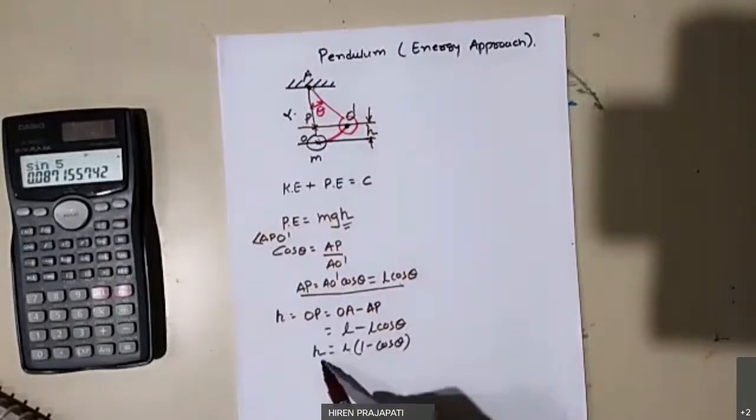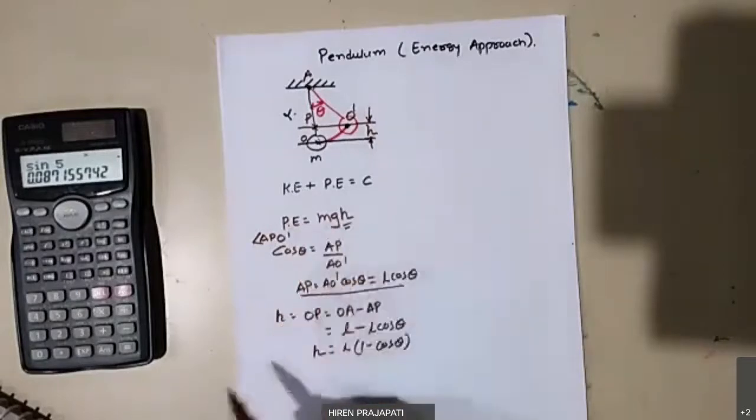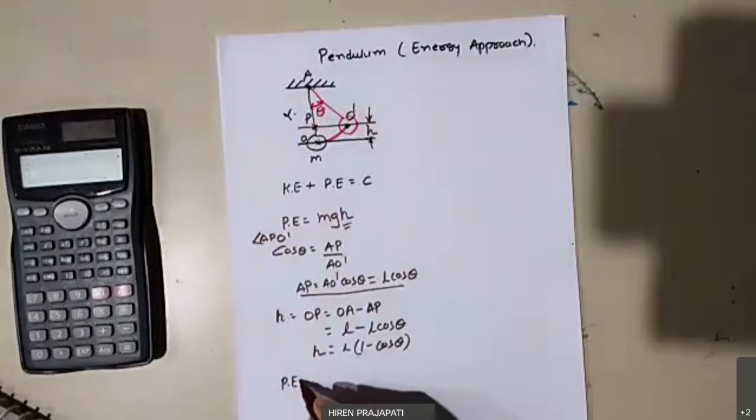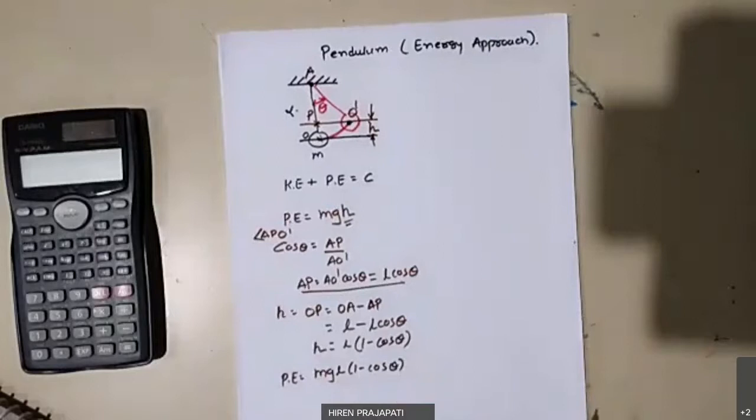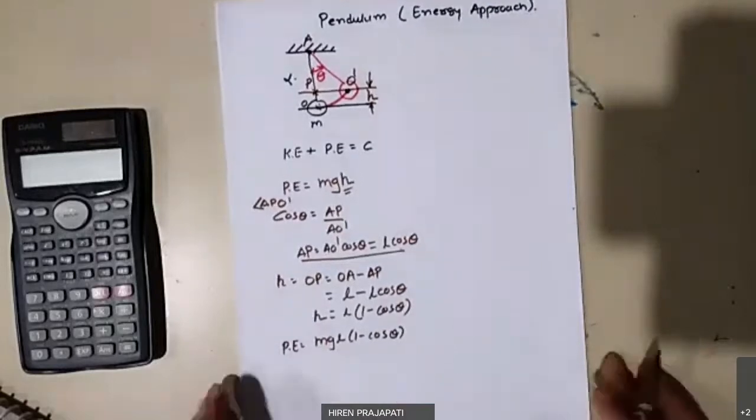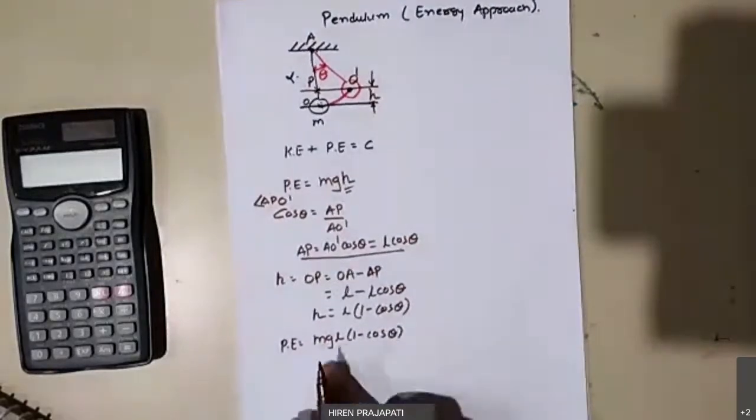Now let us put this h in the potential energy equation. So potential energy is equal to mgh, so the entire term is mgL times 1 minus cos theta. Okay. Now just recall, what is our assumption? We have assumed the small angle approximation.